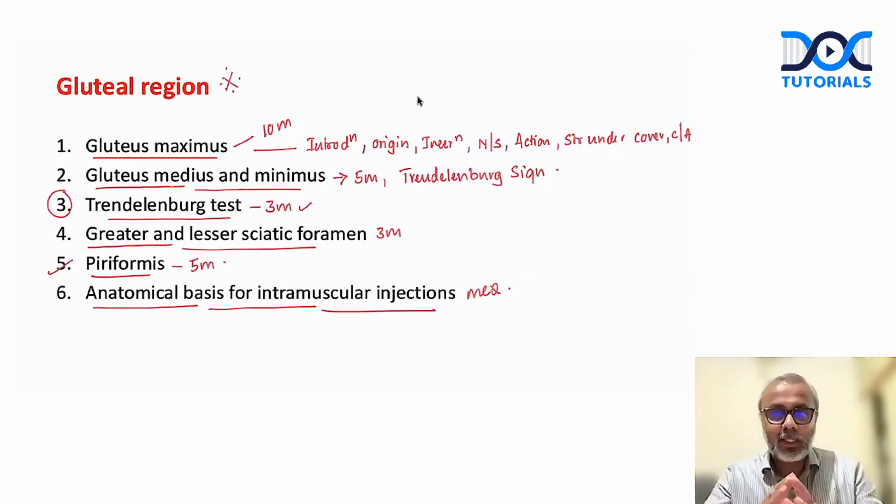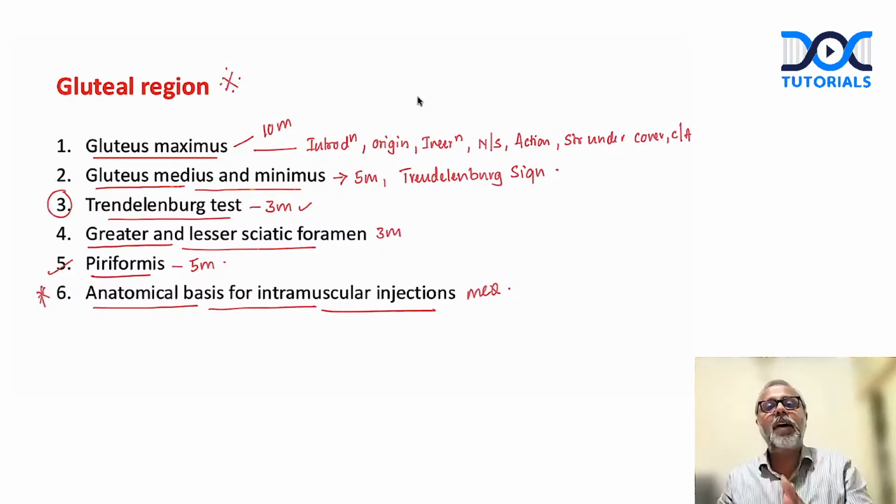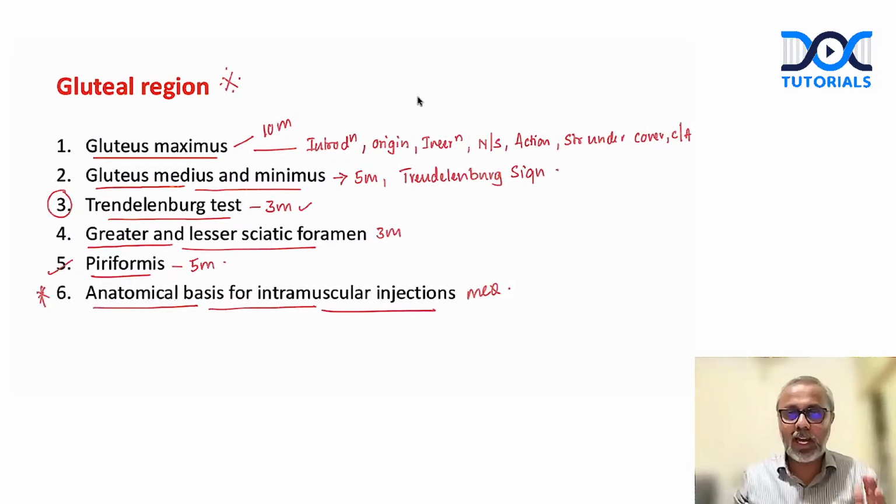But intramuscular injections in the gluteal region are actually given to the gluteus medius, the part of the gluteus medius which is not covered by gluteus maximus. So they usually ask this question to check whether you know exactly to which muscle the intramuscular injections are given.